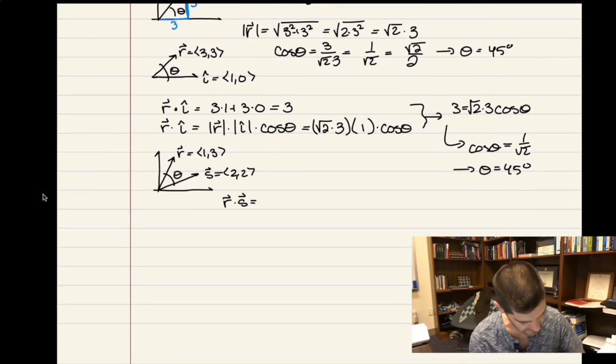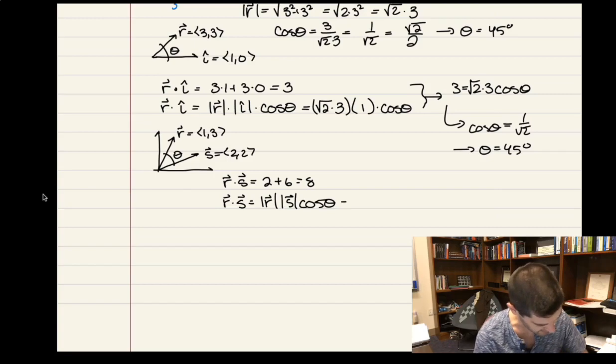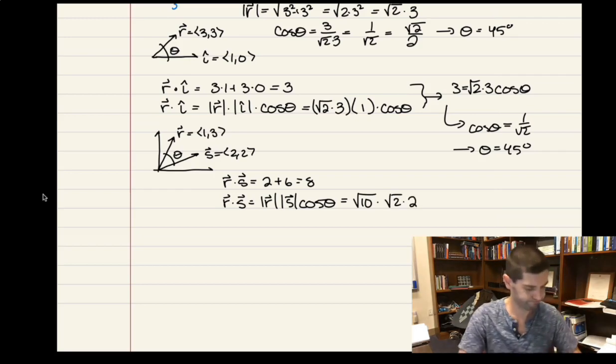In this case, the dot product here looks like it is 2 plus 6 equals 8. But the dot product also equals the magnitude of r, the magnitude of s, times cosine of theta. So that looks like it is, let's see, 1 plus 9, that's square root of 10, times square root of 2 times 2, times cosine of theta.